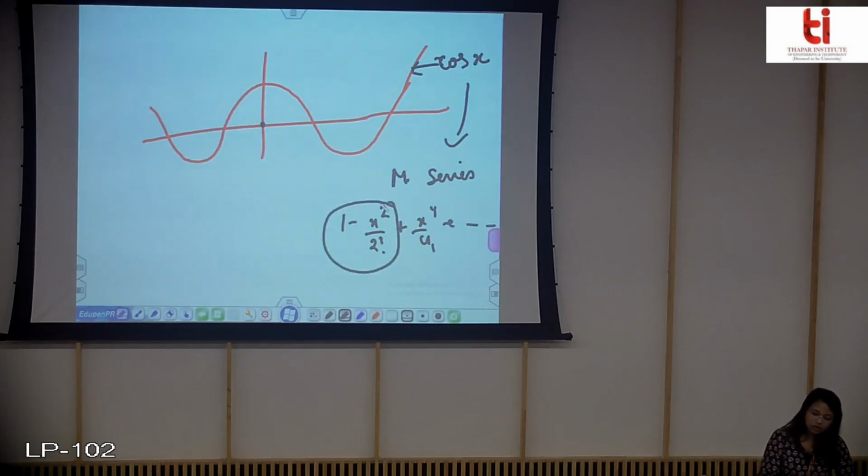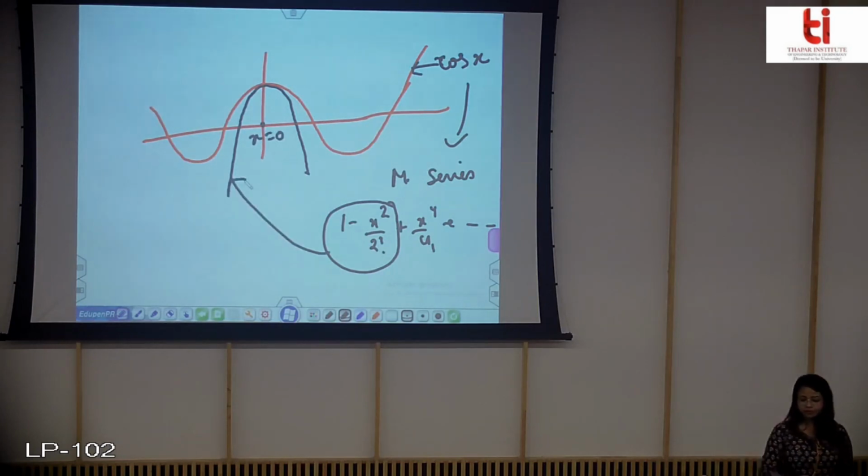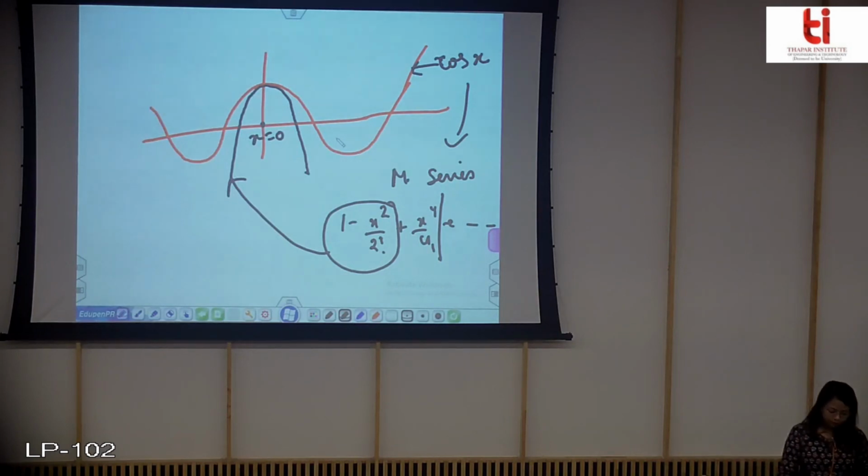If I take only these 2 terms and plot, I'll get a graph like this. You can see that around x is equal to 0, the approximate curve is near to the curve of cos x. And as you consider more terms, you will get a closer curve, a better approximation of the cos x function near x is equal to 0.